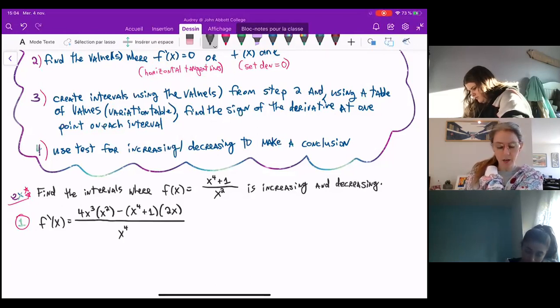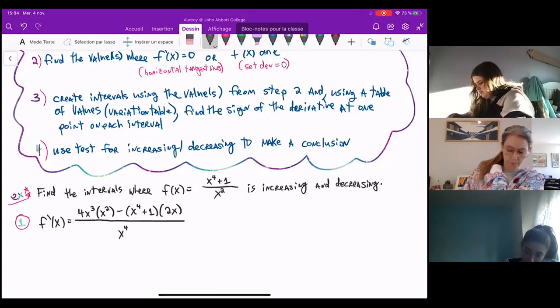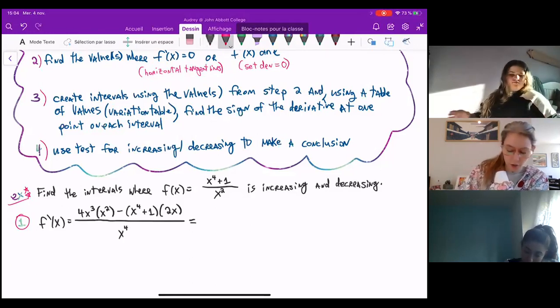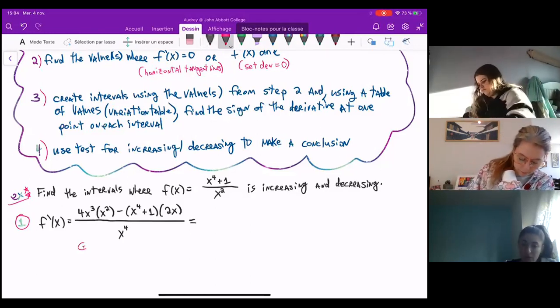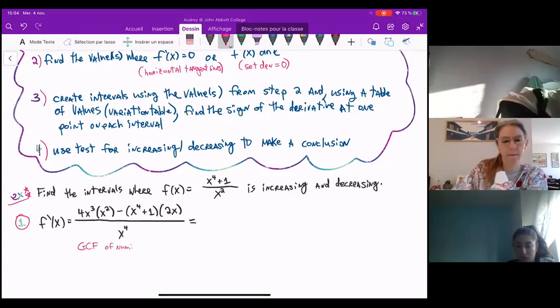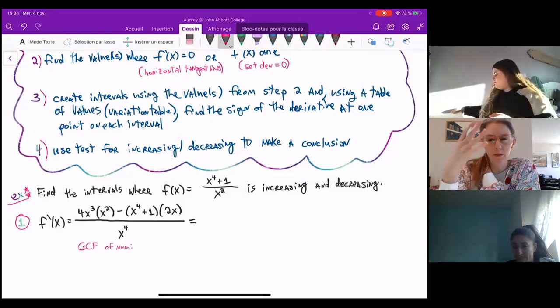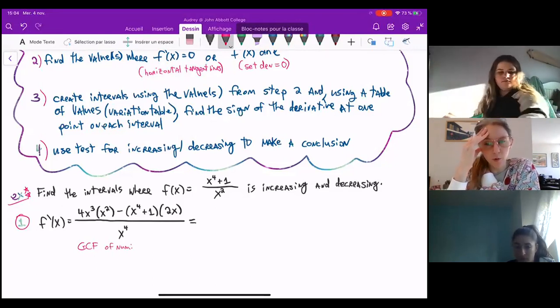Now this is definitely not simplified as it is. So what's our greatest common factor of the numerator? What's the greatest common factor of the numerator here?